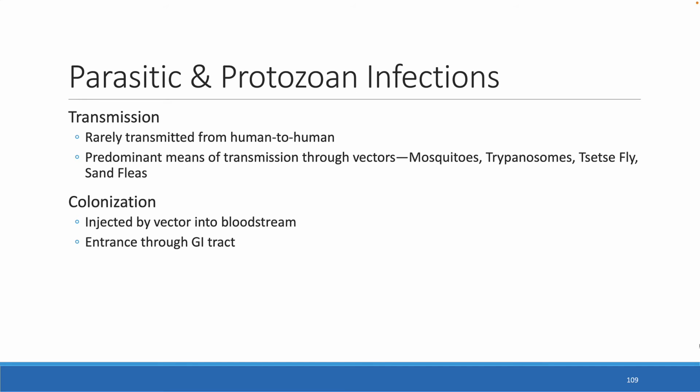They are almost always through a vector, and mosquitoes are common for malaria. The colonization happens because the vector injects the parasite into the person, or the person eats it or drinks it through the GI tract.